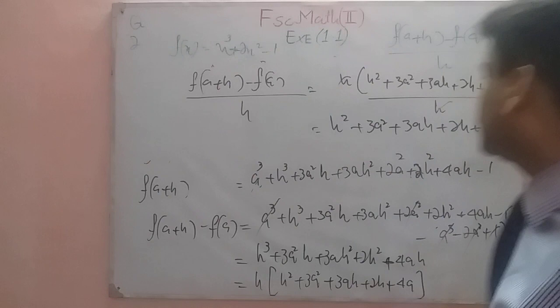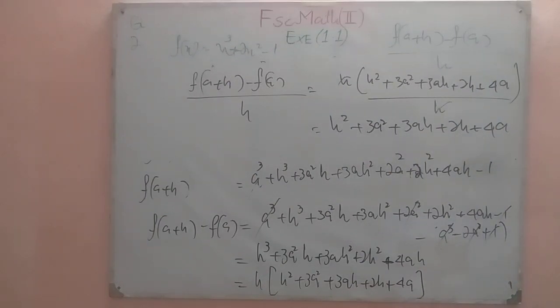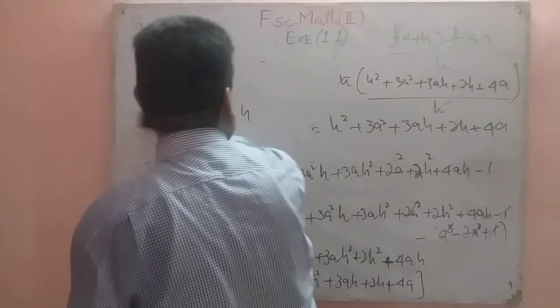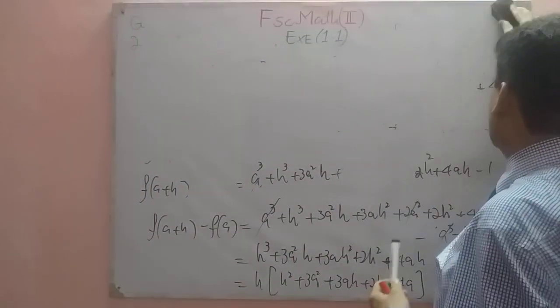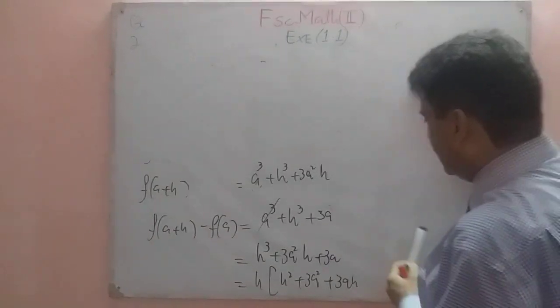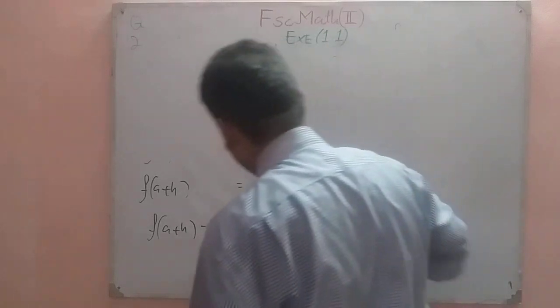Now the last part of question second. The function is f of x is equal to cos x, and we have to find the value of f of a plus h minus f of a over h.